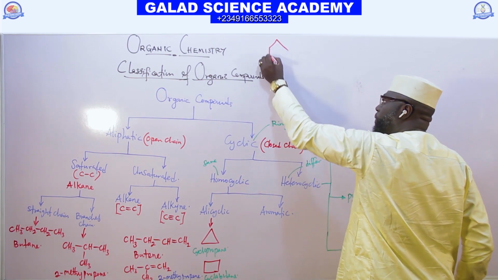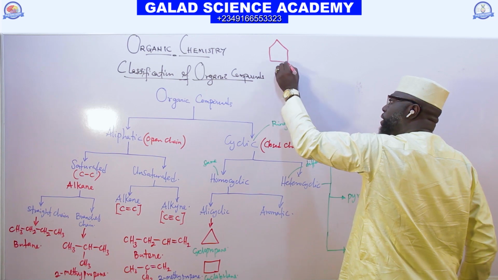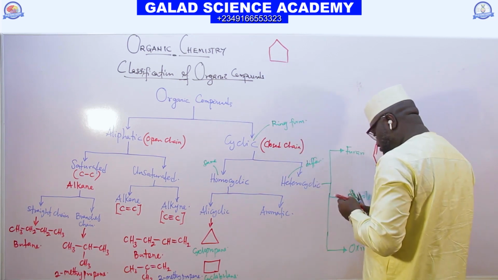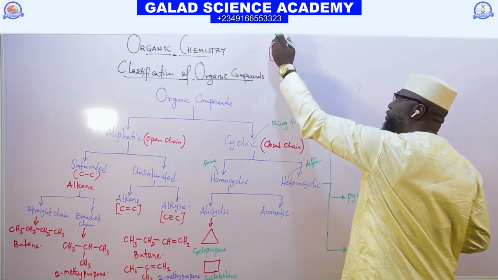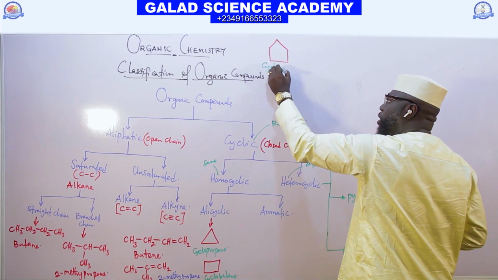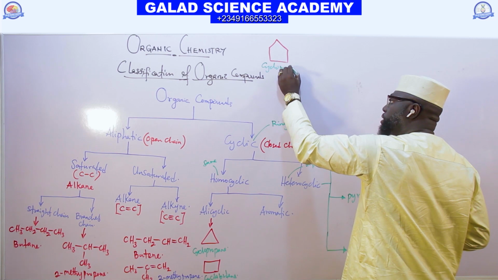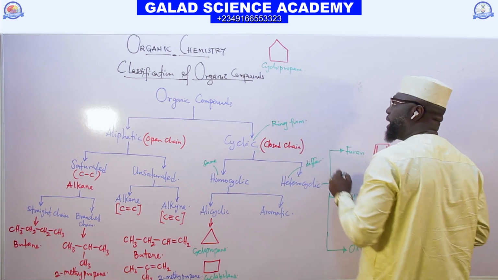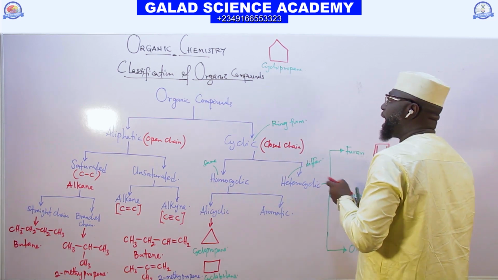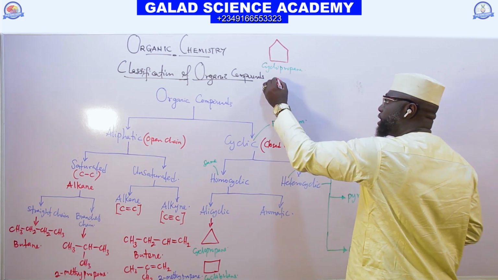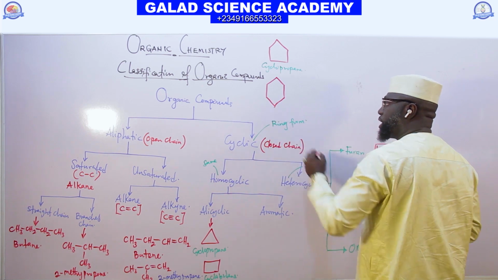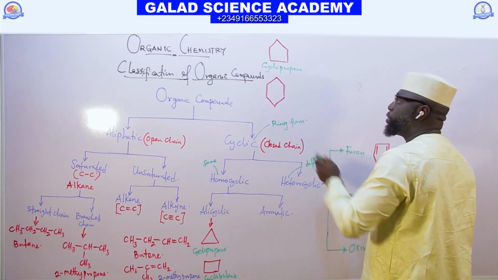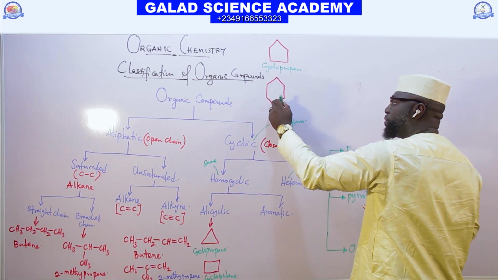And if you look at this structure too, how many sides? 1, 2, 3, 4, 5. Cyclopentane. And like this structure too, how many sides do we have here? 1, 2, 3, 4, 5, 6.